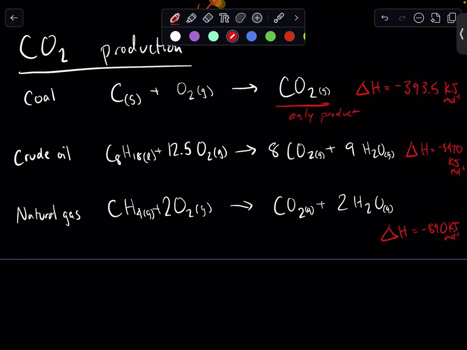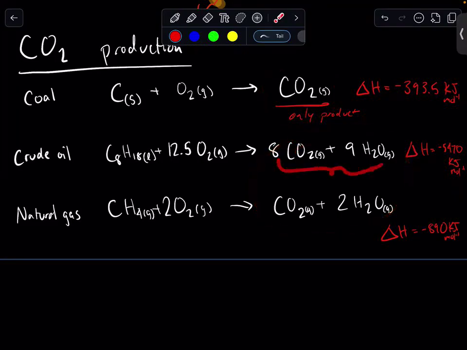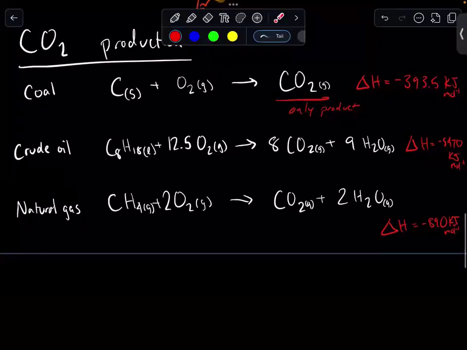So just looking at the production of CO2, when we're burning coal, carbon dioxide is our only product, but when we're burning our other two fossil fuels, we at least split our products between carbon dioxide and water, meaning that we're not as efficiently creating carbon dioxide, which is good. We don't want to create carbon dioxide.